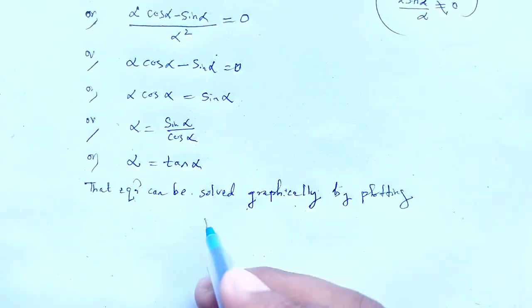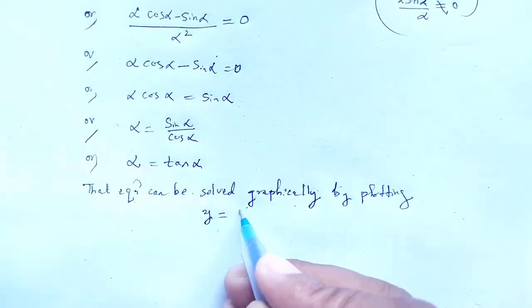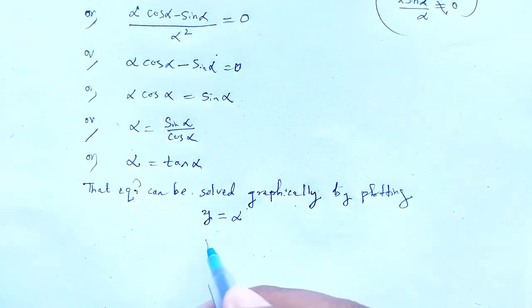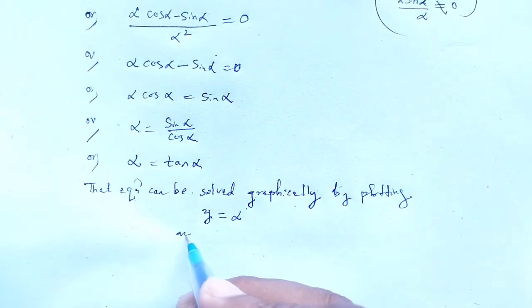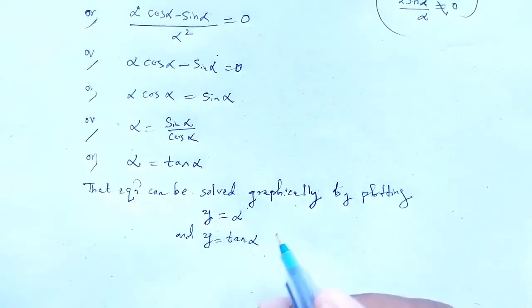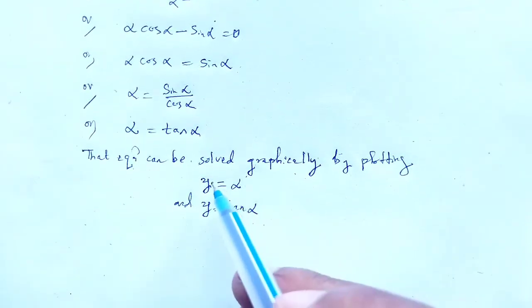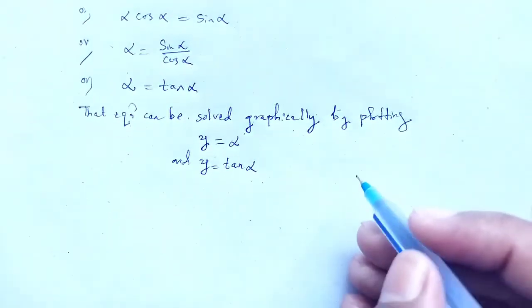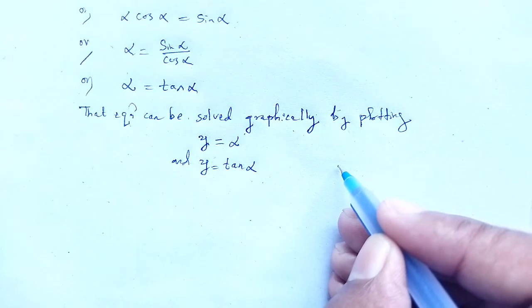Let us have two equations: let y is equal to alpha, one equation, and another equation y is equal to tan alpha. How do we find out the curves? Let me draw the graph as shown here.